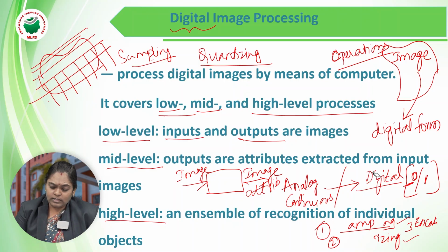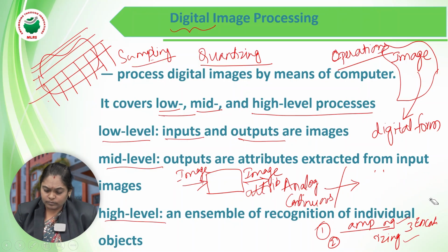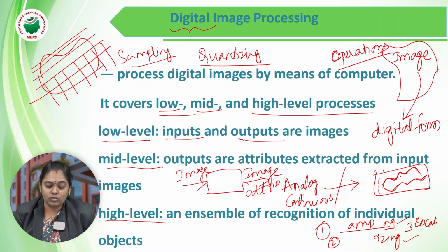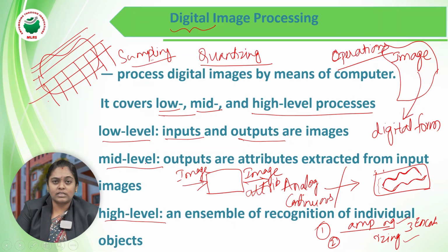If the input is an image but the output is attributes, then it is middle level processing. Let me take this image. At these points there is no object present, but if you observe here, there is some object present. If you are able to find the attributes of this image and extract information only in terms of attributes, such processing is called middle level processing.